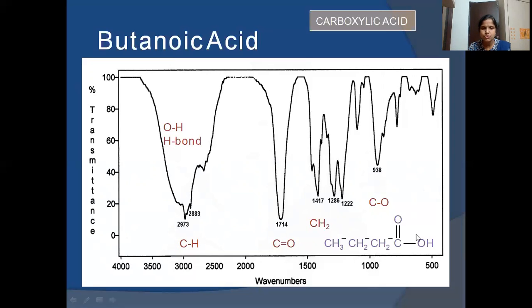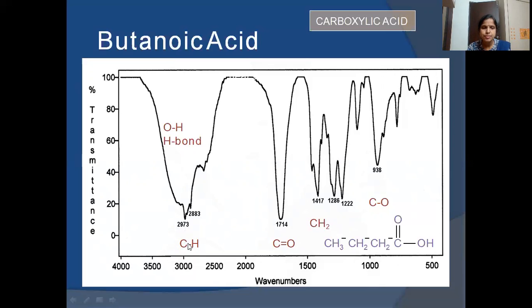And because it also has C double bond O, this is also important. The C double bond O stretching vibrations are seen at 1714. So remember now, 1700s means C double bond O, and OH is at 3300 to 3600. And a band just below 3000 again, what is that?